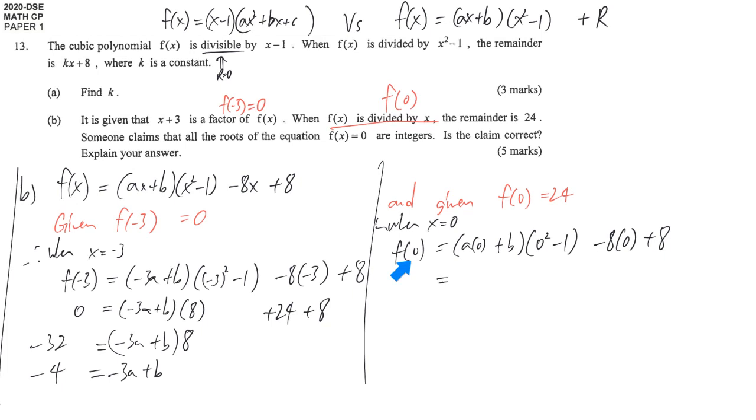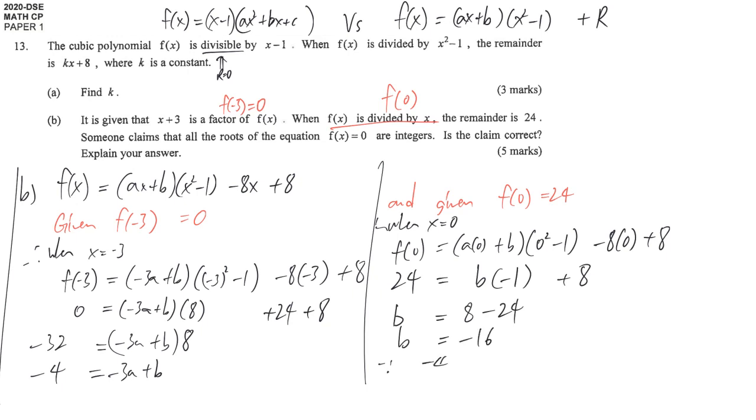Simplify it. This is replaced by 24. A times 0 disappears, so only b is left. B is equal to negative 16.